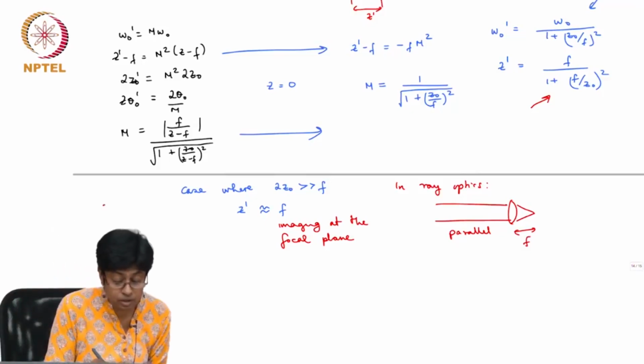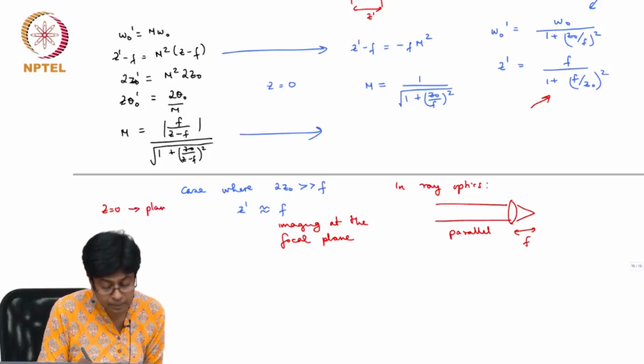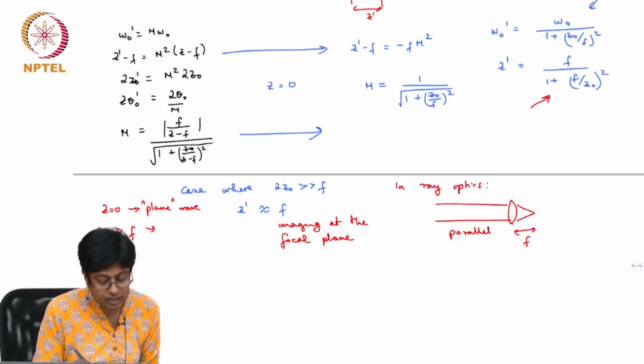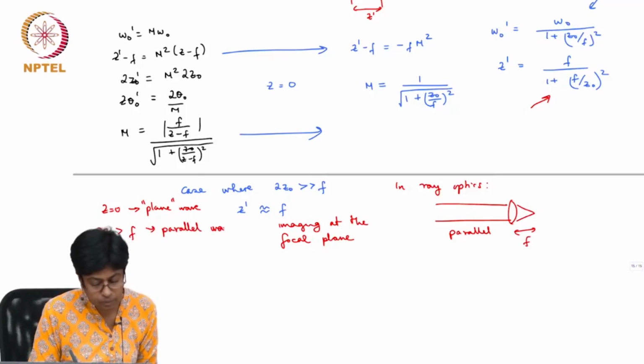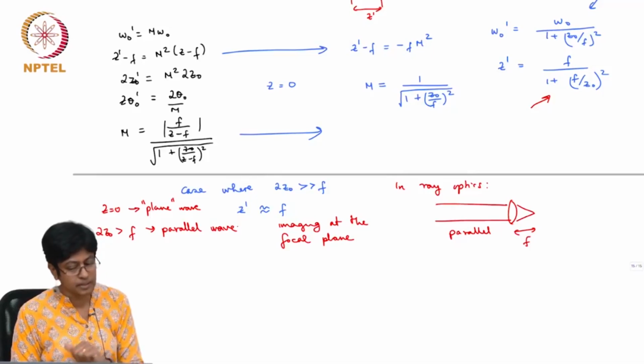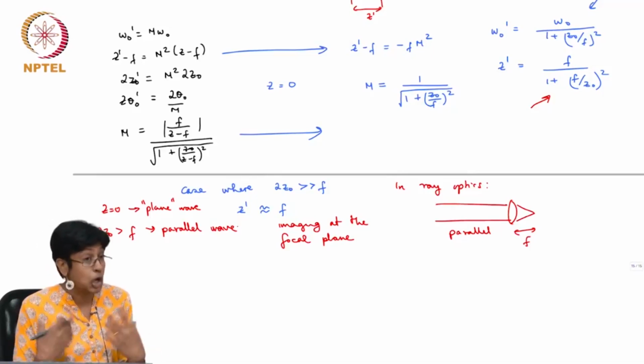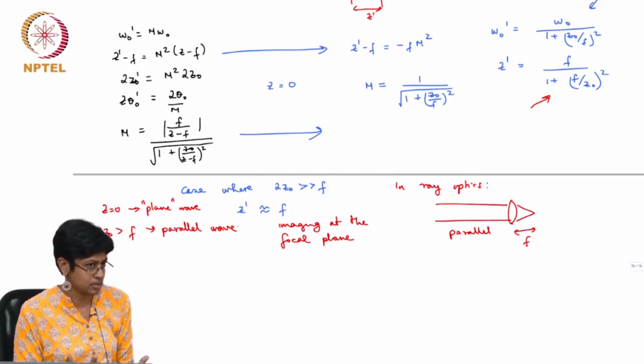So that condition of z equal to 0 is giving the plane wave similarity, and 2z0 greater than f is giving the parallel wave similarity, the wave coming from far away. And when these two conditions are met by the Gaussian beam, you have imaging at the focal plane, and again that's not a surprising result for us.